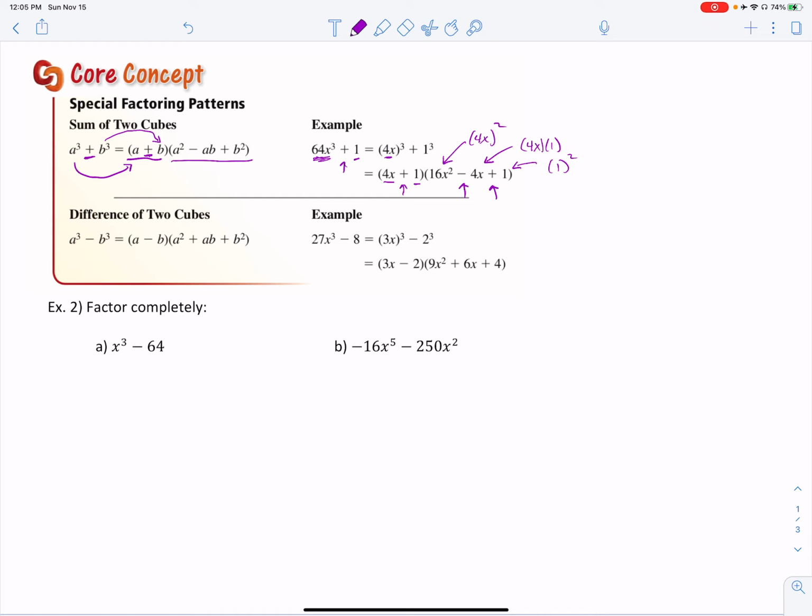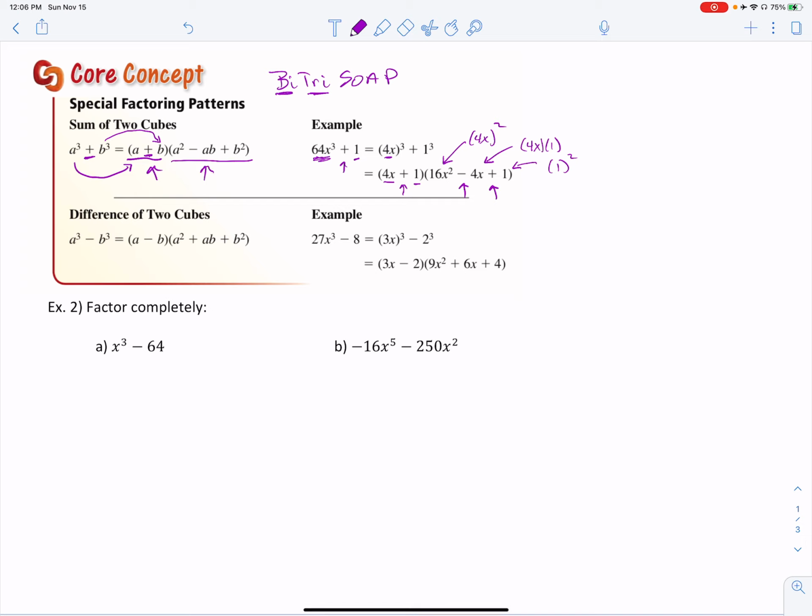There is a saying that a teacher taught me: buy, try, soap. That when you're factoring a sum or difference of cubes, you get a binomial times a trinomial. So there's the binomial times a trinomial.